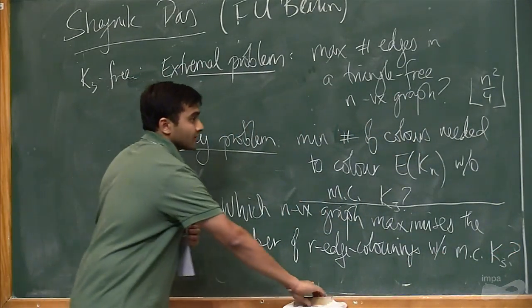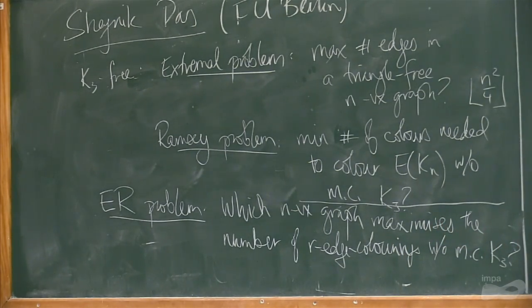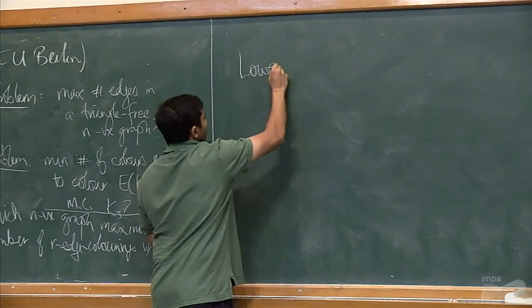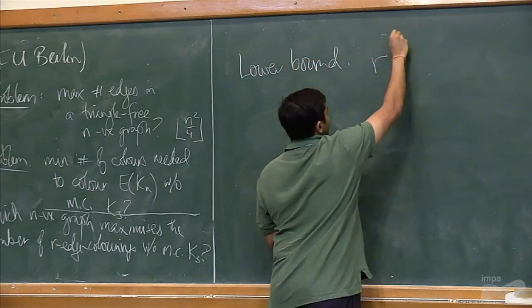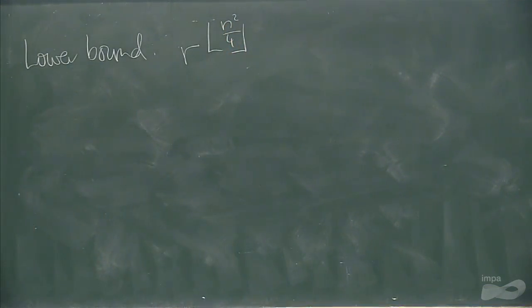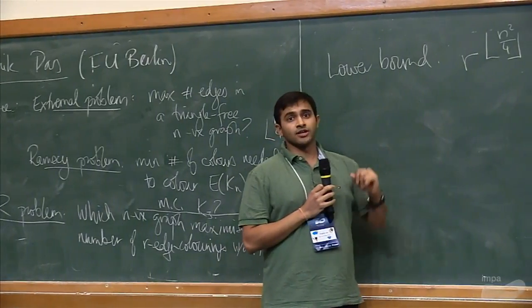Okay, so there's a clear lower bound here. If you start with a triangle-free graph, then any edge coloring will be triangle-free and therefore monochromatic triangle-free, so you can certainly get r to the n squared over 4.